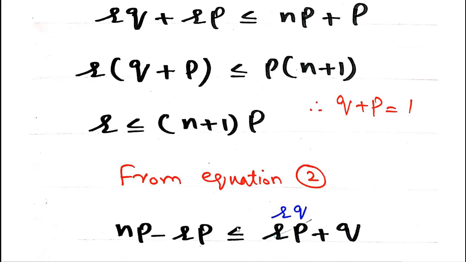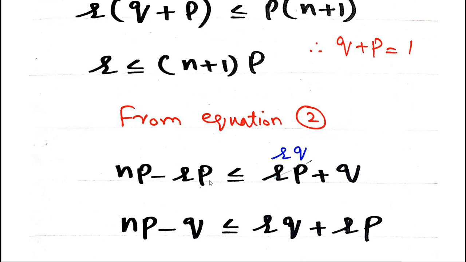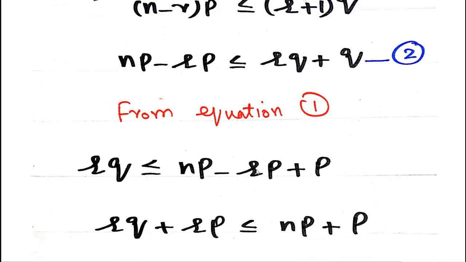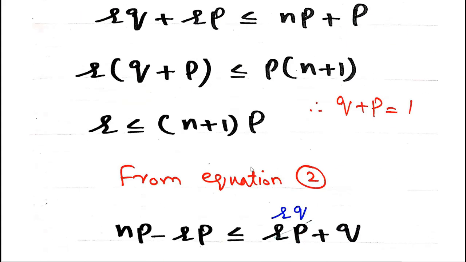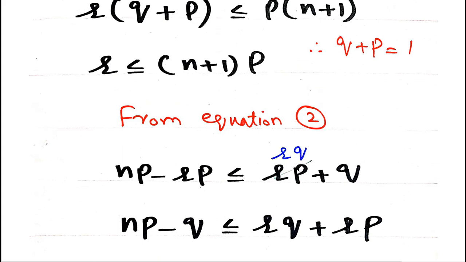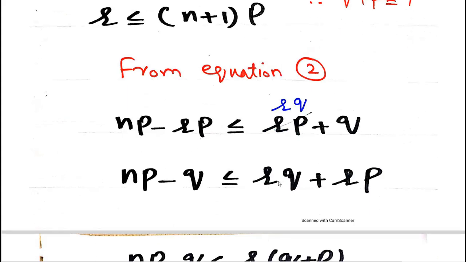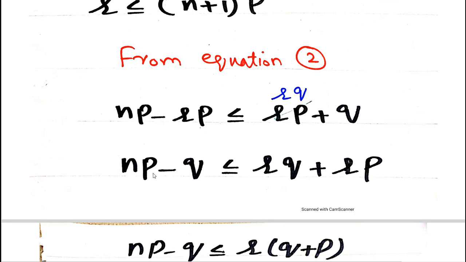From equation 2, np minus rp less than or equal to rq plus q. We look at equation 2, np minus rp less than or equal to rq plus q. Here is rq, rq plus q.